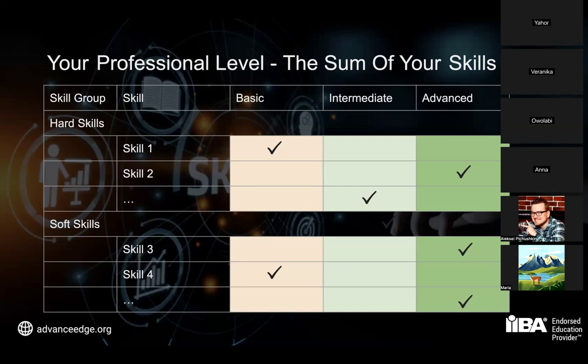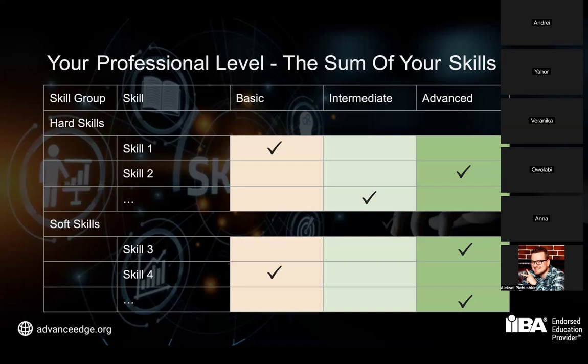But on the other side, you may also be aware of some skills that still need further development. And your current level of professionalism, whether you're a junior, middle, or senior specialist, or probably there is some other gradation at your workplace, is defined by the summary of those skills and their levels. But keep in mind both hard skills and soft skills.